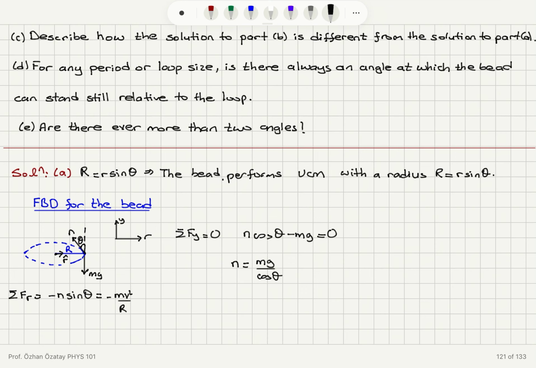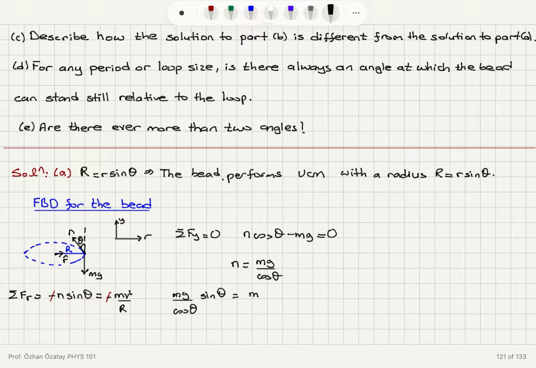So that would be the radial force. By substituting N equals mg over cosine theta, we get mg over cosine theta times sine theta is equal to mv squared over capital R.